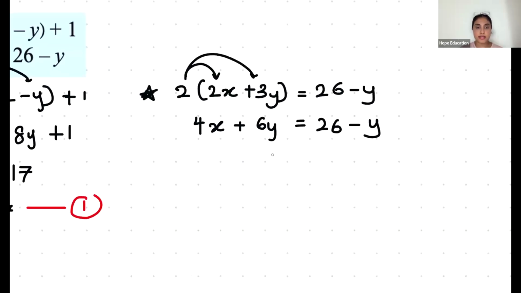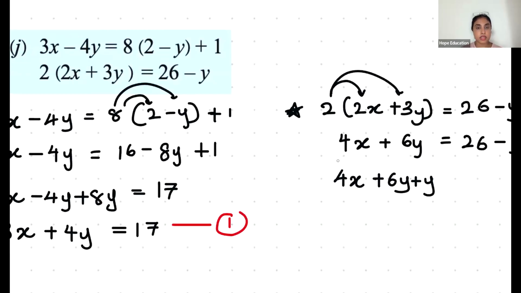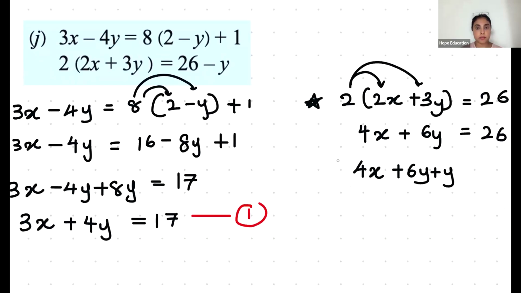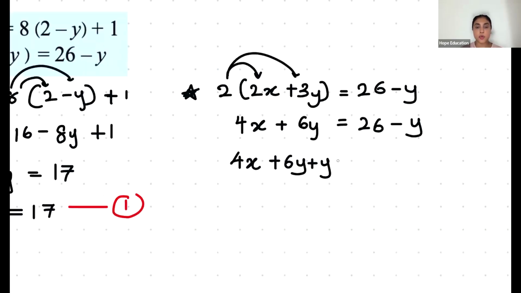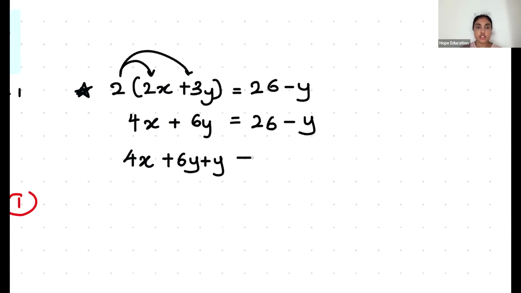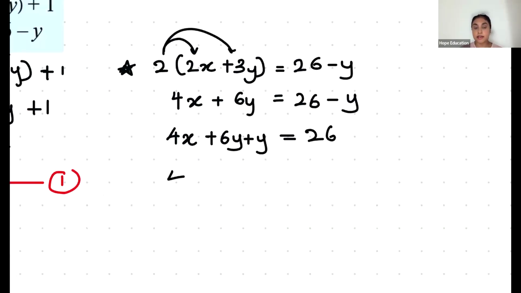This minus y I bring to this side, then it becomes plus y. 6y plus y means 7y, so 4x plus 7y equals 26. So that is equation number 2.